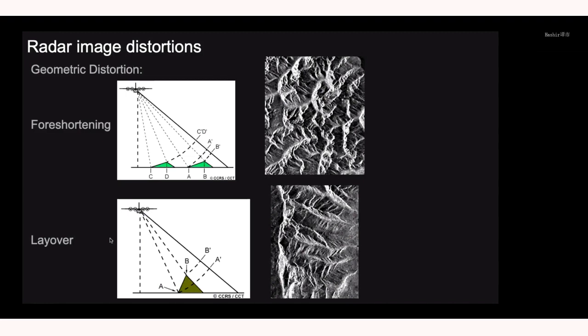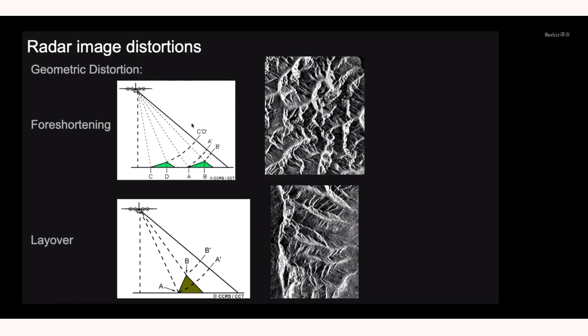So foreshortening and layover are two main consequences in SAR images. When we look at this picture, in the normal case, the top of the mountain should be geographically located beneath it onto some reference surface.